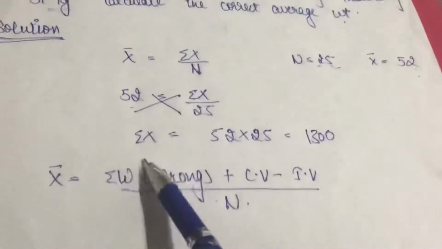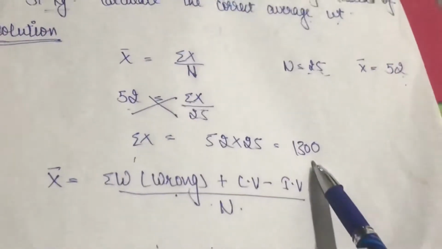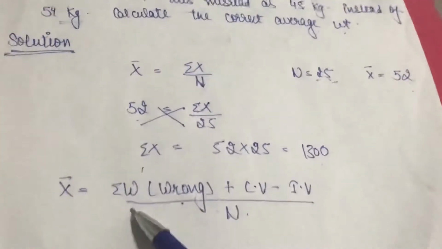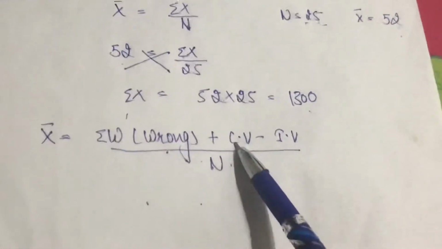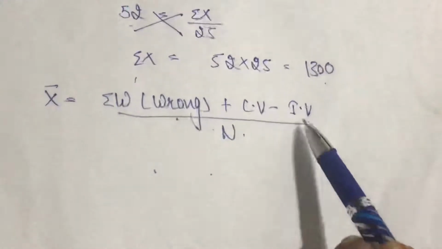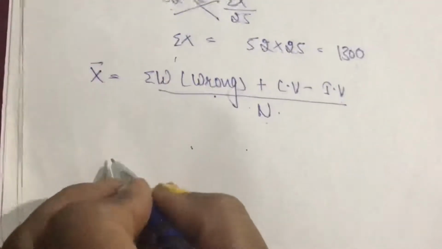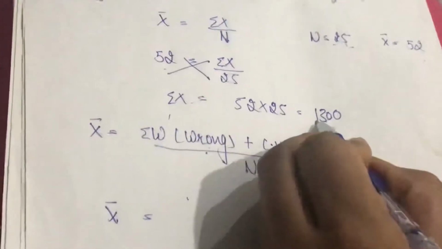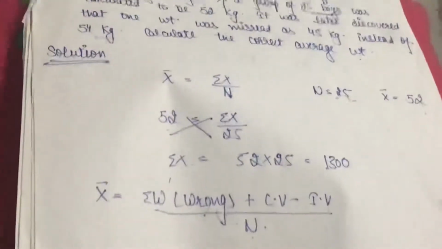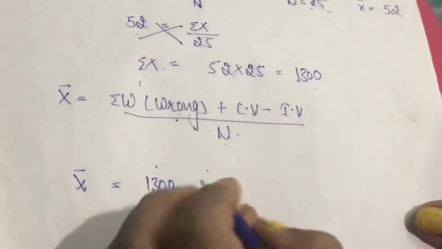So we got the value of sigma x as 1300. But our formula is sigma x wrong plus corrected value minus incorrect value divided by n. So sigma x wrong we have got, that is 1300.